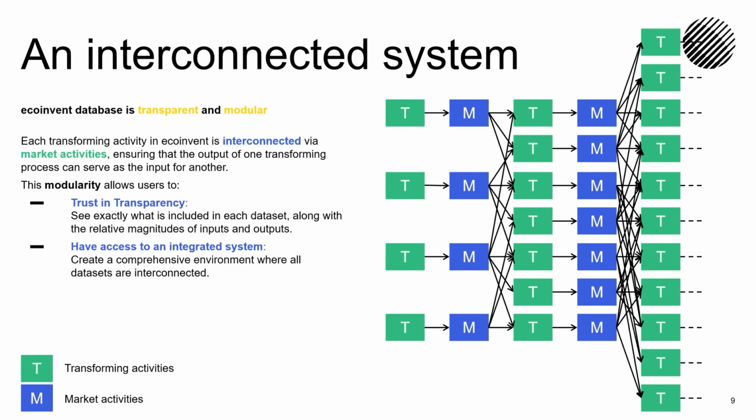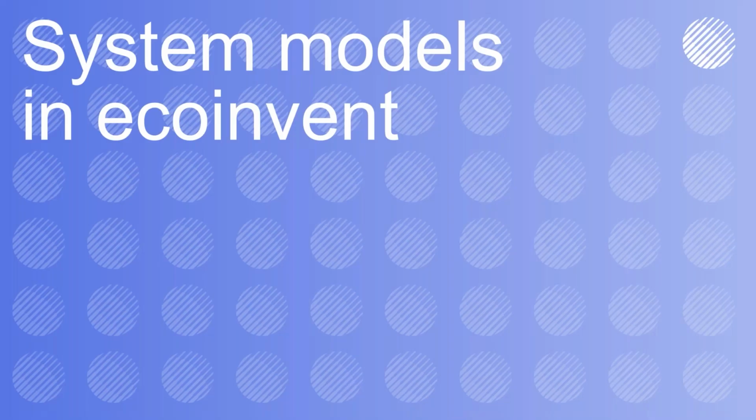This creates a comprehensive environment where, for example, a technological update of our database reverberates throughout every single unit process in ecoinvent. Now, this interconnection between unit processes is really nice to have because it provides full transparency, but it also raises another problem.